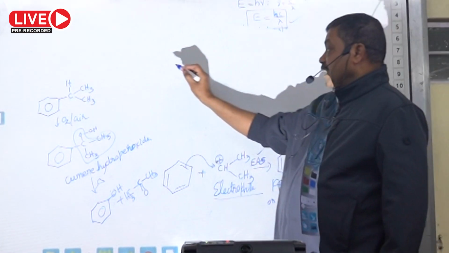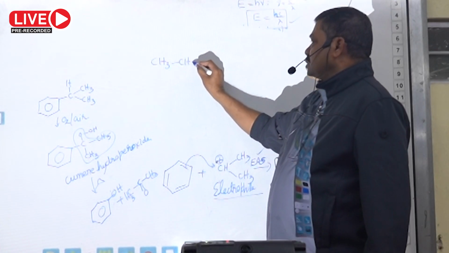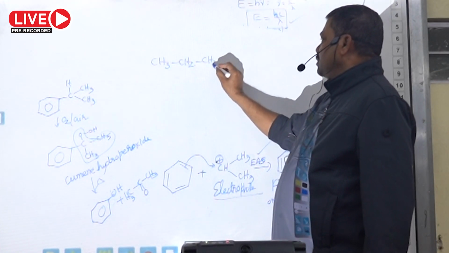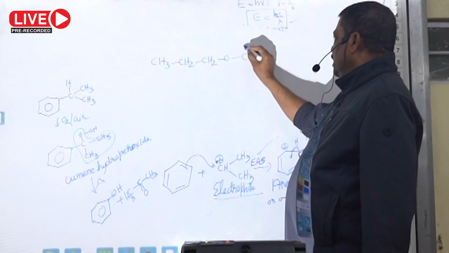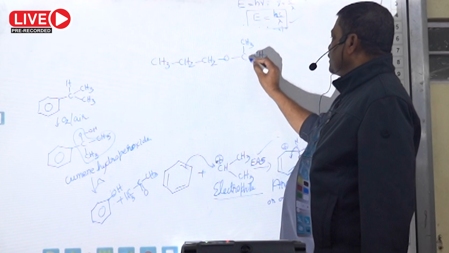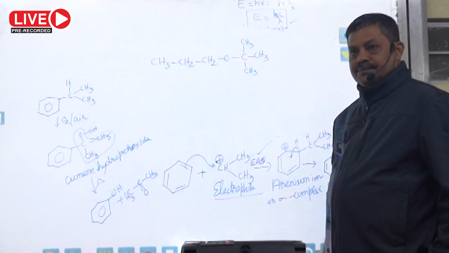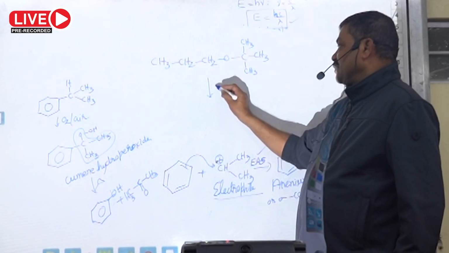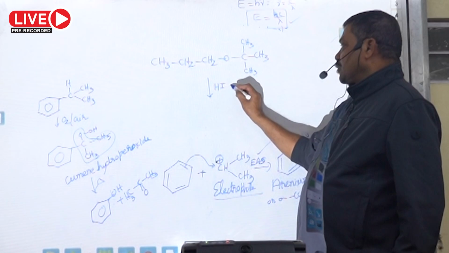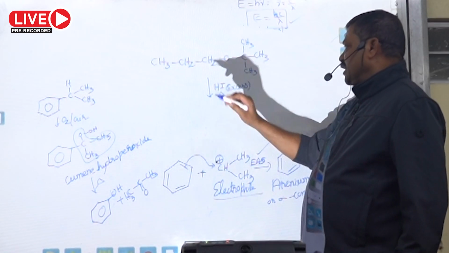So this is the ether, CH3 CH2 CH2 O C(CH3)3. This is the ether. Now this is treated with HI excess. See the question properly. Excess of HI and heat.